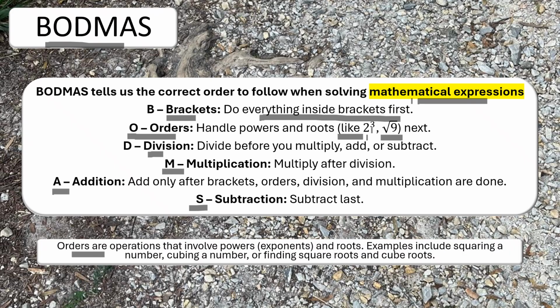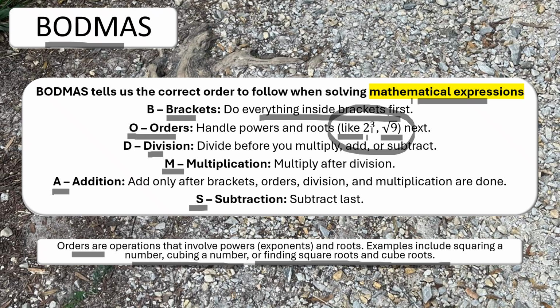Just some more information on what orders are. Orders are operations that involve powers, exponents, and roots. Examples include squaring a number, cubing a number, or finding square or cube roots. There's an example, 2 examples of orders.